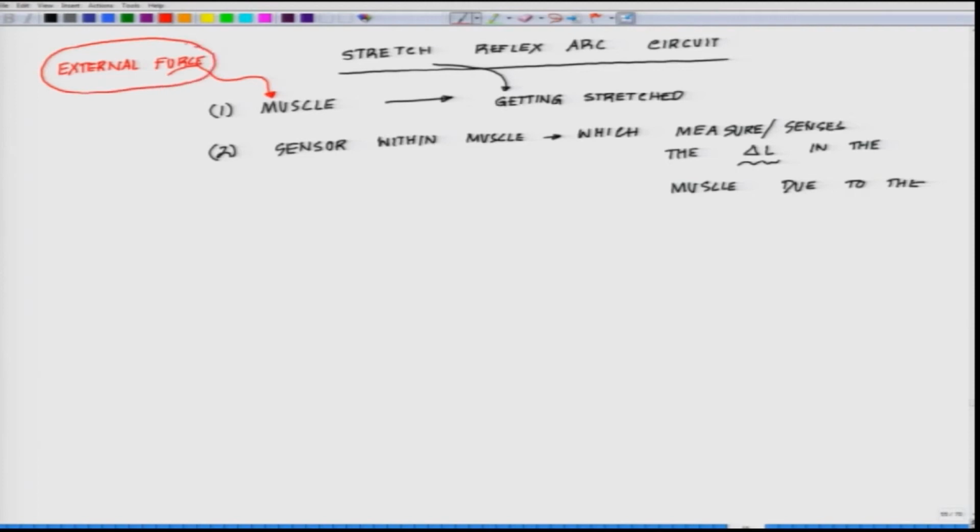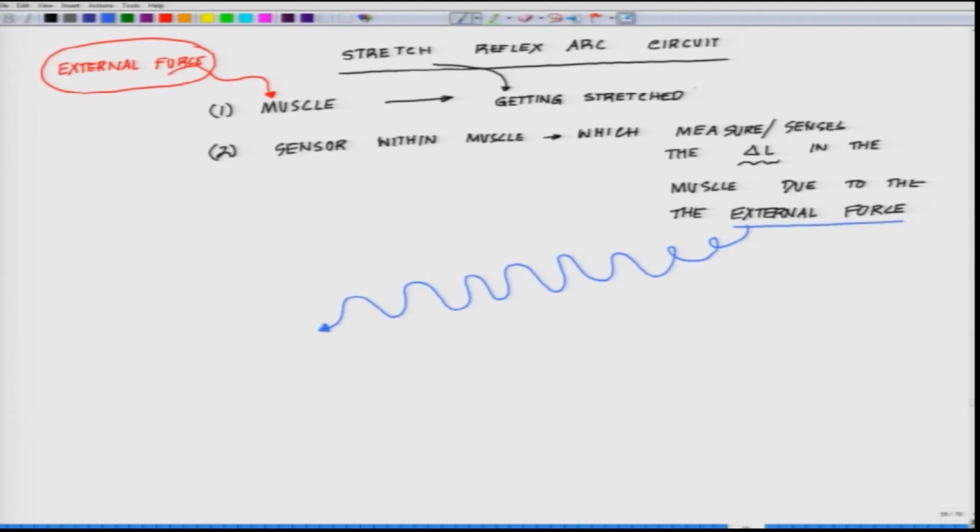So the sensor measures or senses the change in length in the muscle due to the external force. Next, it relays the signal through a pathway after sensing this change in length.